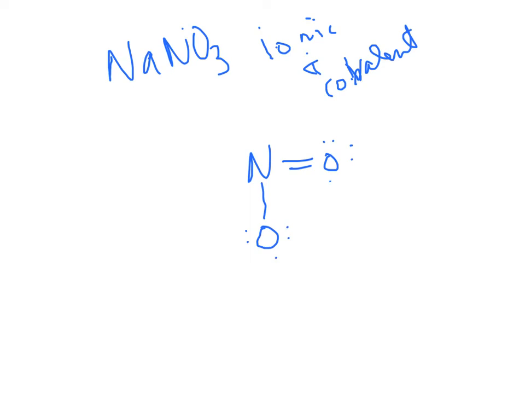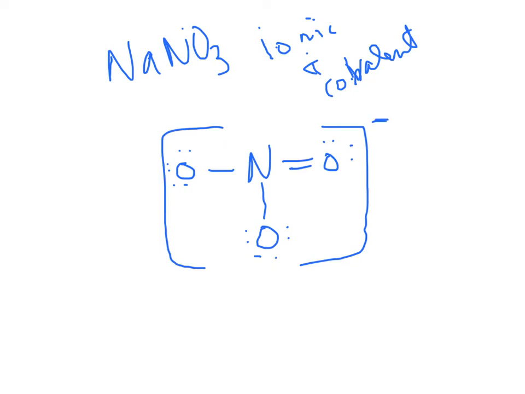All right, so here's my NO3 structure. Remember how this NO3 has resonance structures, that it has a negative charge, and then you'd have your sodium, which is a positive charge.